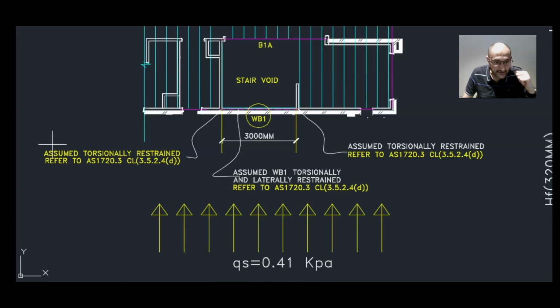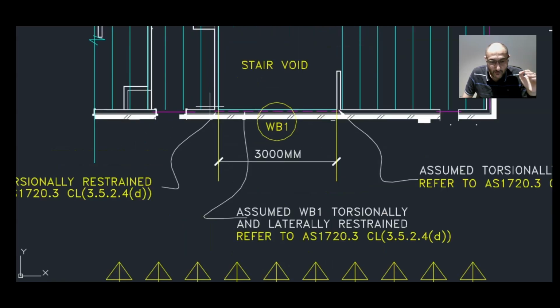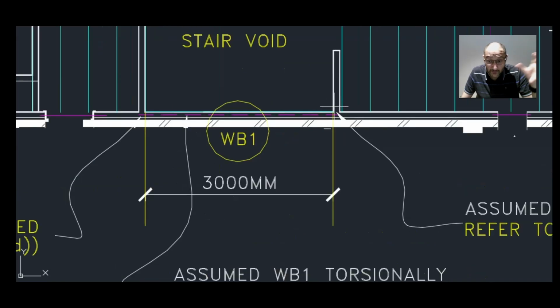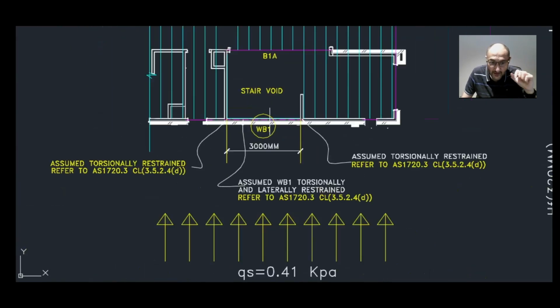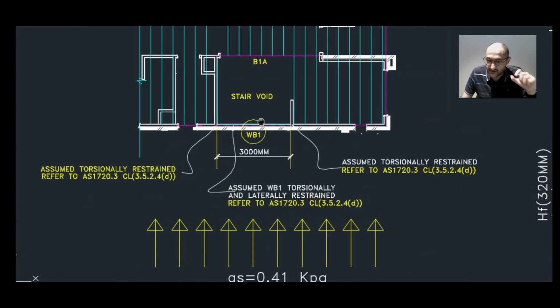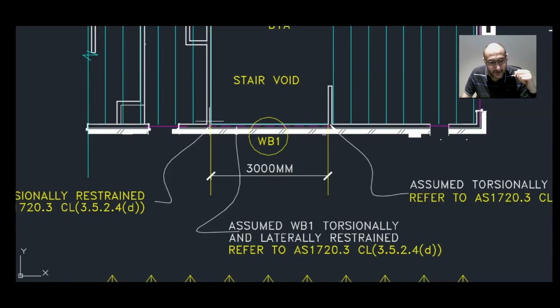Right, the first assumption is the ends of the beam, which are considered to be the main supports, are assumed to be torsionally restrained. So this could be done many ways, such as fix the ends of the beam WB1 onto the wall with an angle.